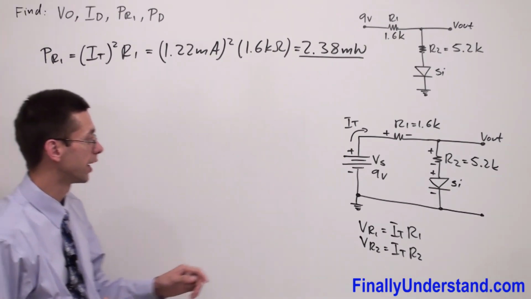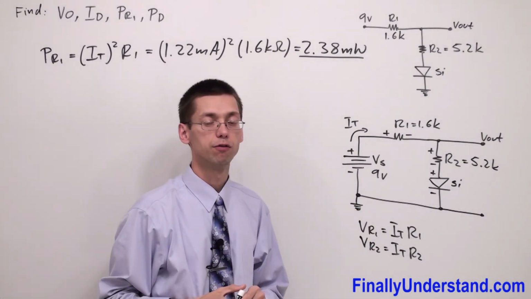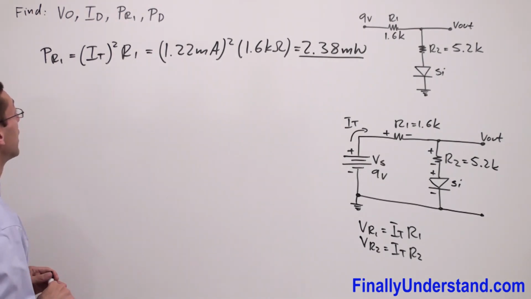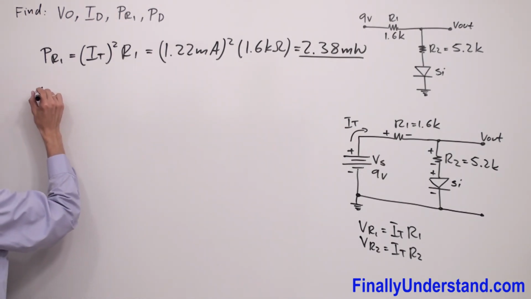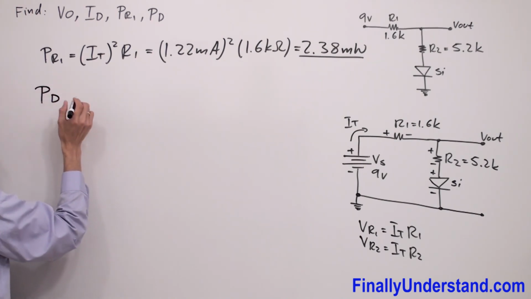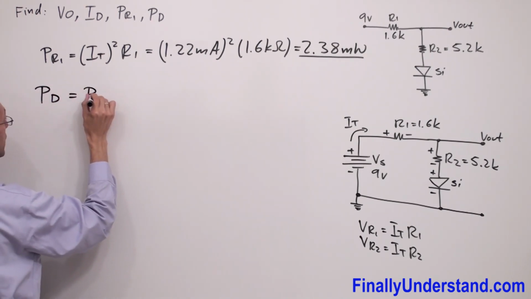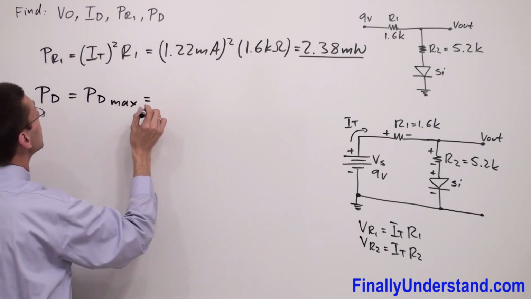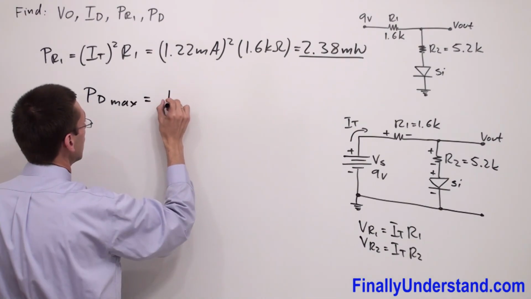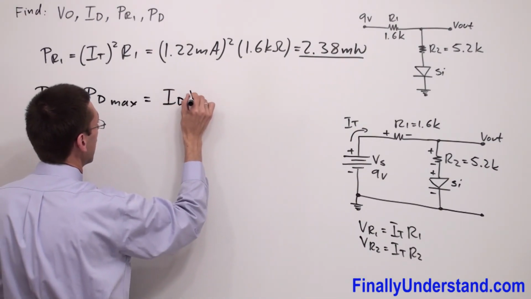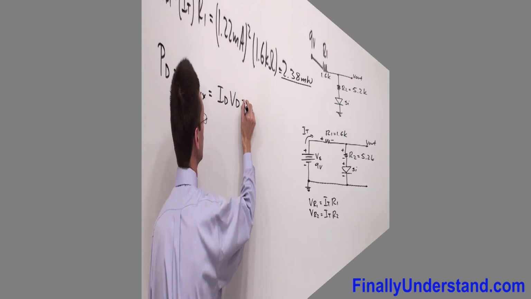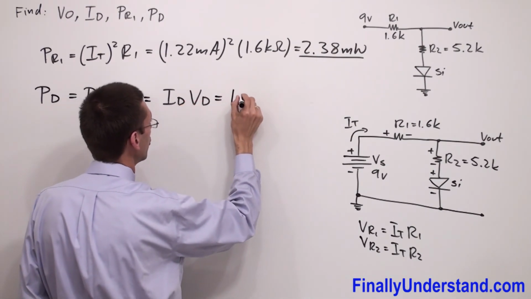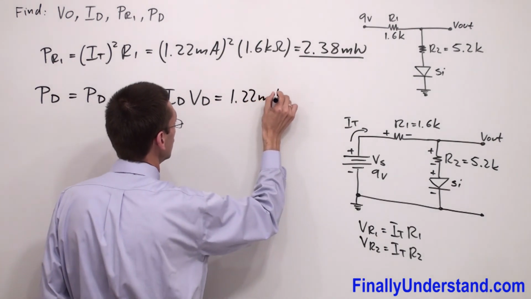Next we are going to find the maximum forward power dissipation. In other words, the power at the diode. So I have PD. Sometimes this is also written PD max is equal ID times VD, which is the current which goes through the diode, 1.22 milliamps.